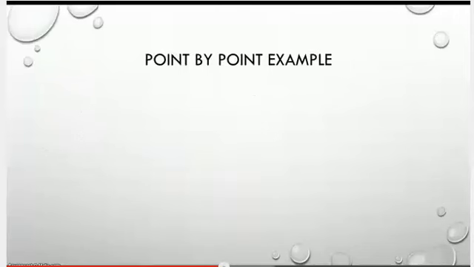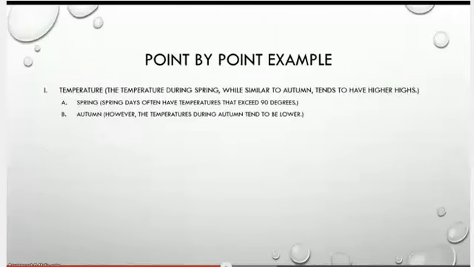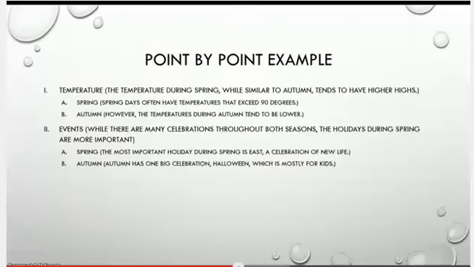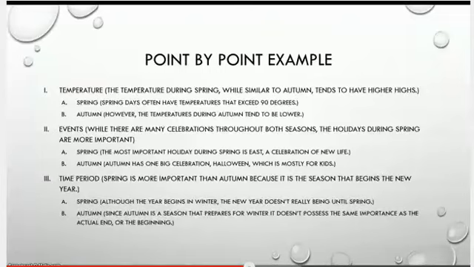Let's look at an example. First example of a body paragraph would be temperature. Right? The temperature during spring, while similar to autumn, tends to have higher highs. Then you have your concrete details. Then you have your events, which is another body paragraph. While there are many celebrations throughout both seasons, the holidays during spring are more important. And then you have your third body paragraph, which is talking about the time period.